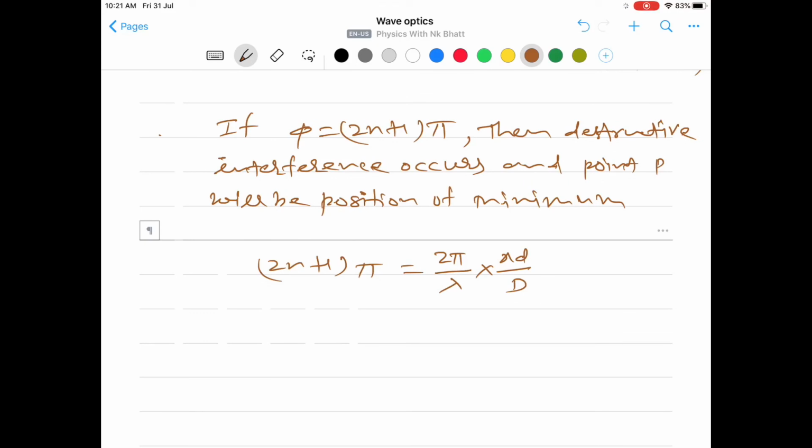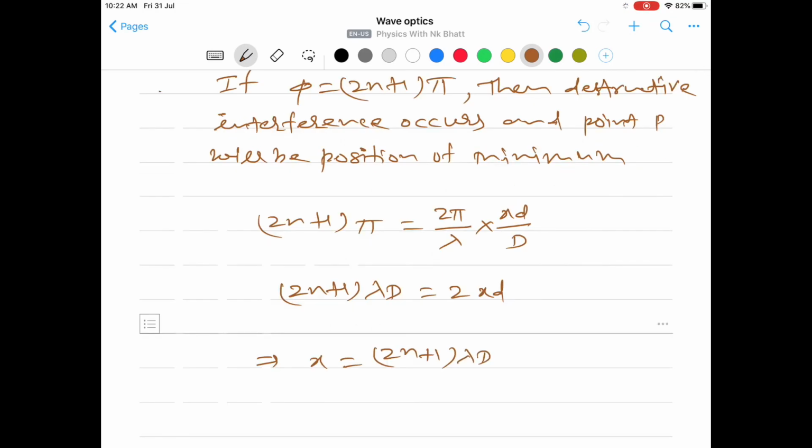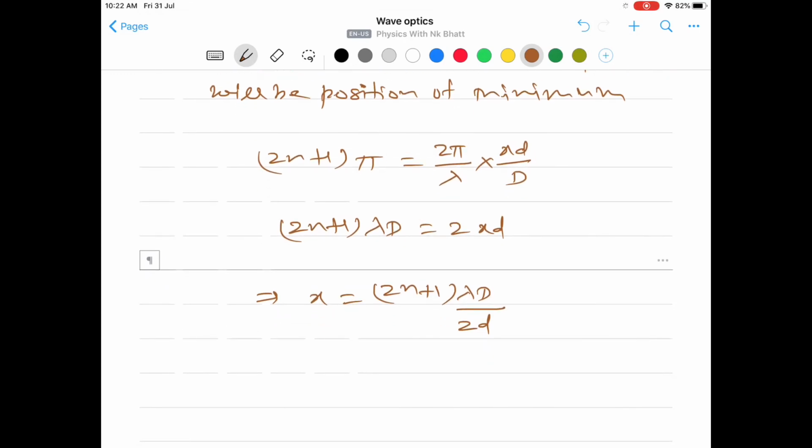This time pi would be cancelled, so you will have (2n plus 1) lambda D is equal to 2xd, which implies x is equal to (2n plus 1) lambda D upon 2d. So this is the position of minimum due to destructive interference.